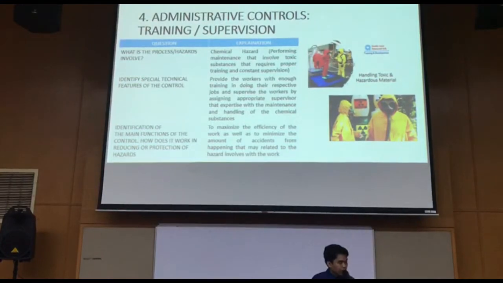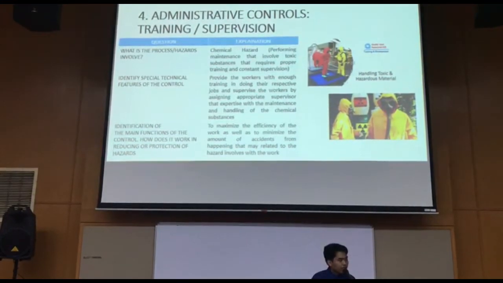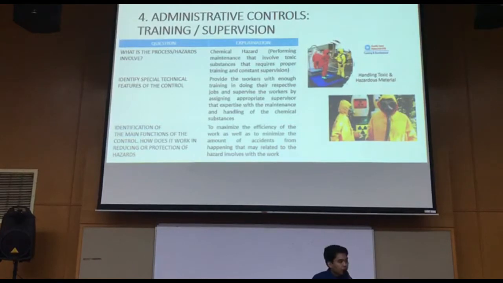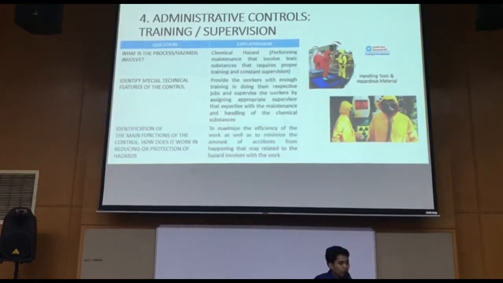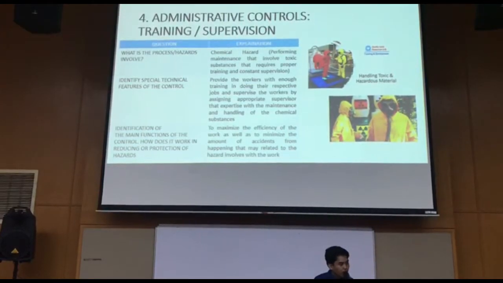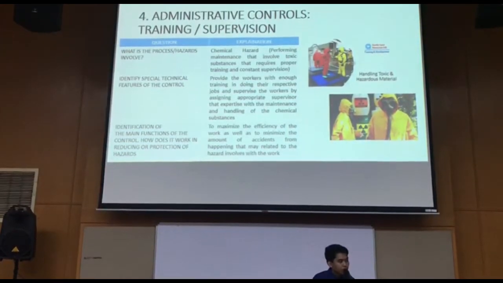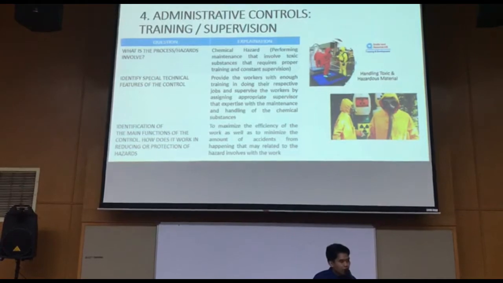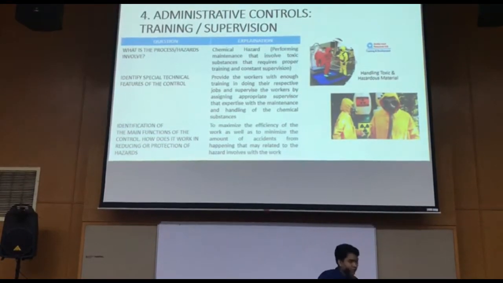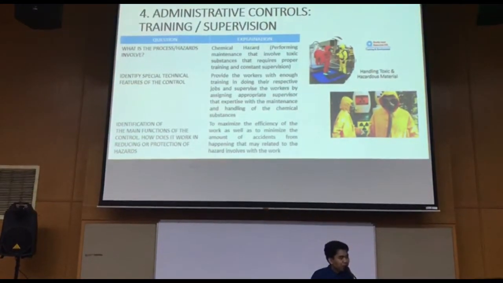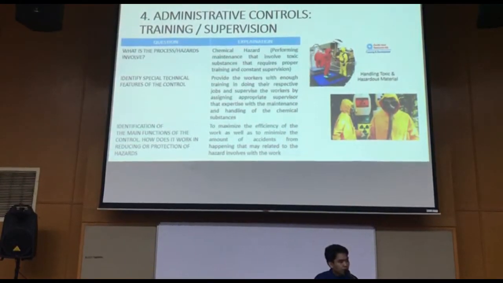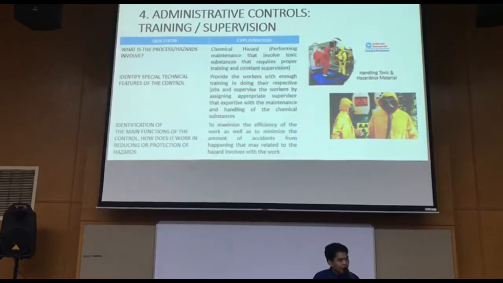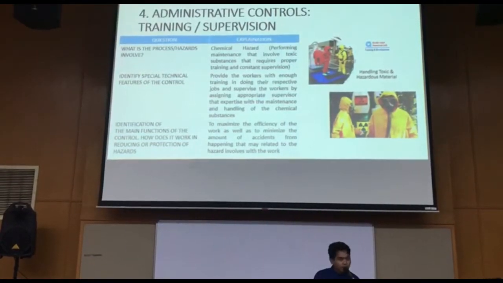So how do we identify special technical features of the control? We need to provide the workers with enough training in doing their respective jobs and supervise the workers by assigning appropriate supervisors with expertise in the maintenance and handling of the chemical substances.